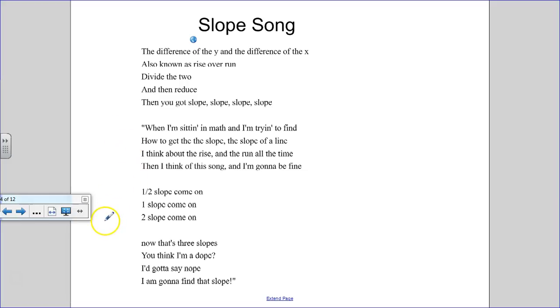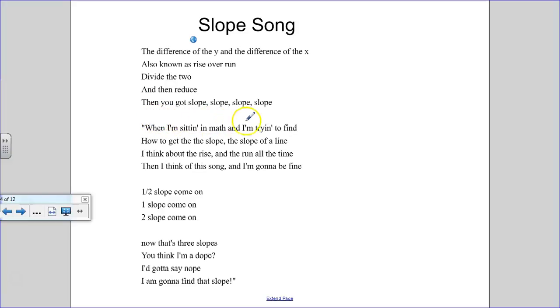Difference of the y and the difference of the x, also known as rise over run. Divide the two, and then reduce, then you got slope.